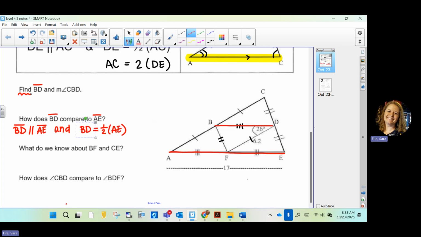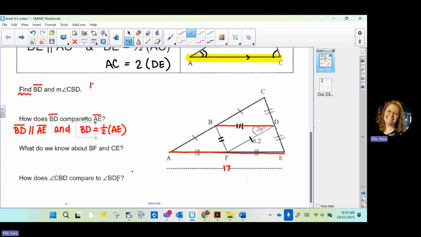Now they actually want us to find BD here. I would have written these in a different order, but if we want to find BD, okay, let's see what AE is labeled. AE is labeled 17. So what am I going to do with this 17? Divide it by 2. I'm going to cut it in half. You can think of that as times 1/2 or divided by 2. Either way works.